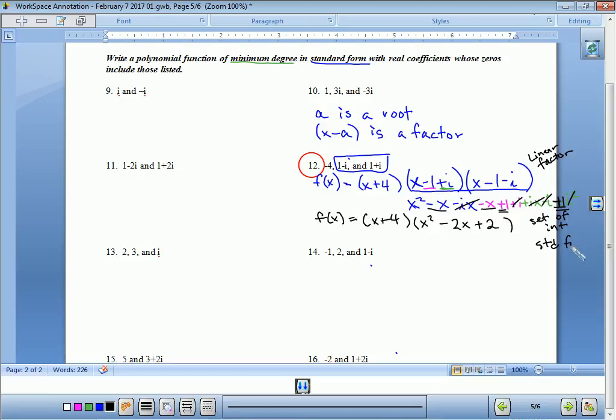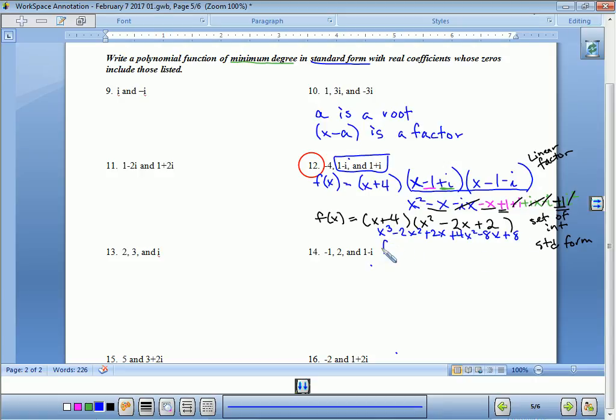So to do standard form, we take this binomial and distribute it through the trinomial. And when we do, we get x cubed minus 2x squared plus 2x. Now we distribute the 4: plus 4x squared minus 8x plus 8.